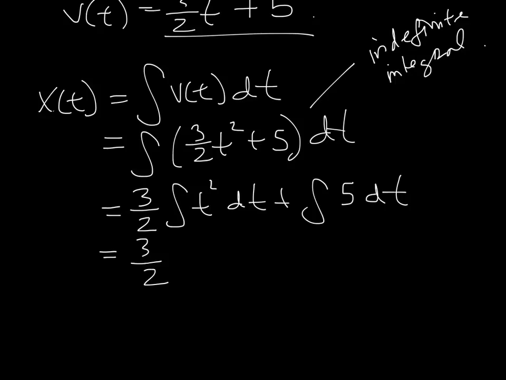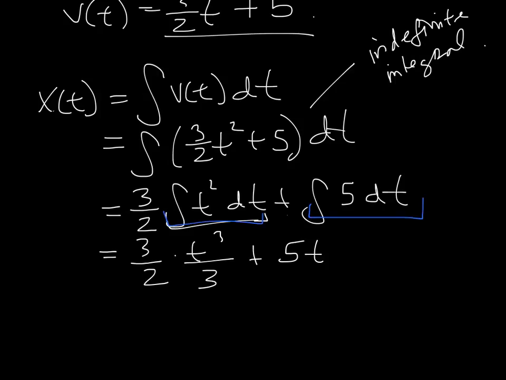So we're integrating that piece, which gives us t cubed over 3. And I'm integrating that part plus 5t, right? That's a simple integral, right? Integrated this guy and this guy.